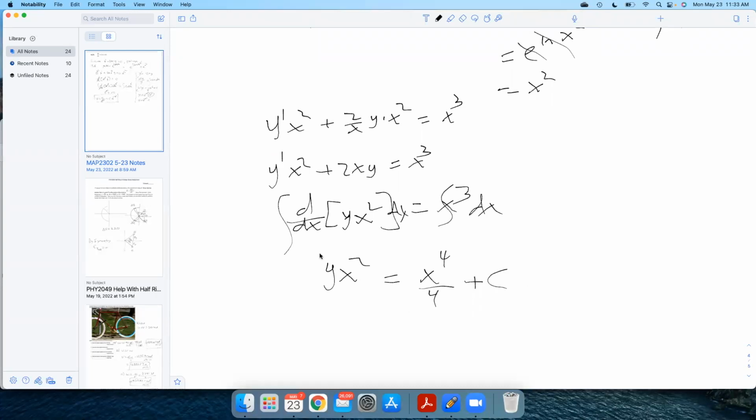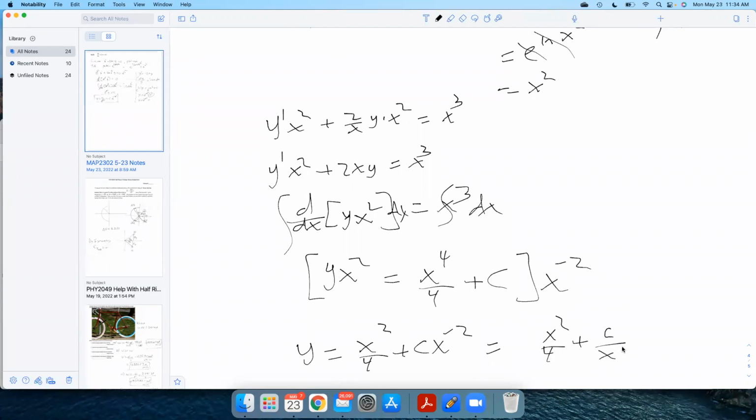And then let's multiply everybody here by x to the -2. Or divide by x squared. So we could write this as x squared over 4 plus c, x to the -2. Or I guess I could write that as x squared over 4 plus c over x squared. Either one of those is fine.